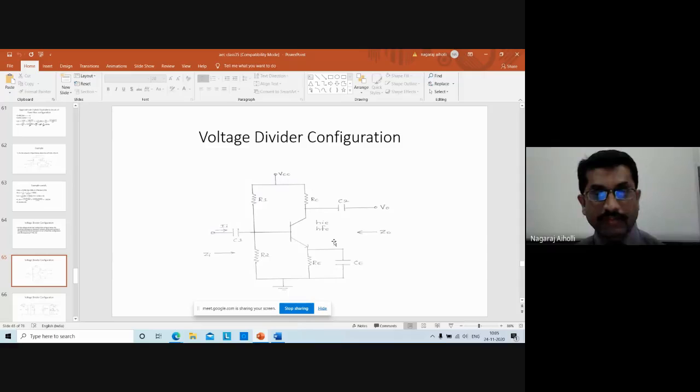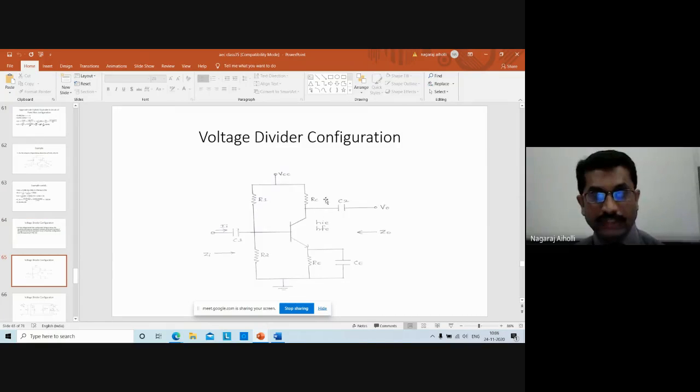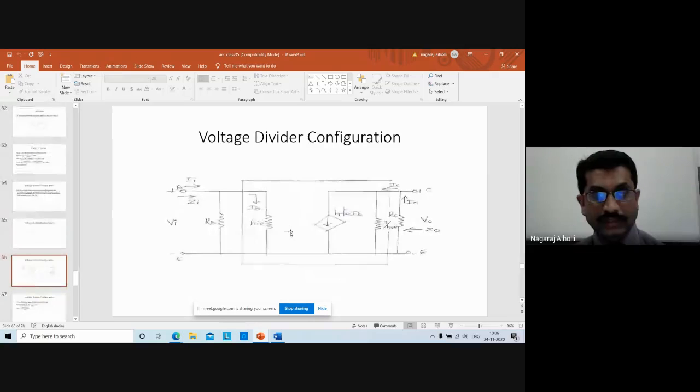Now, in this voltage divider bias configuration, the approximate hybrid equivalent circuit will be the same as the approximate hybrid equivalent circuit of the fixed bias configuration. We can see here, this is the approximate hybrid equivalent circuit for the fixed bias configuration.